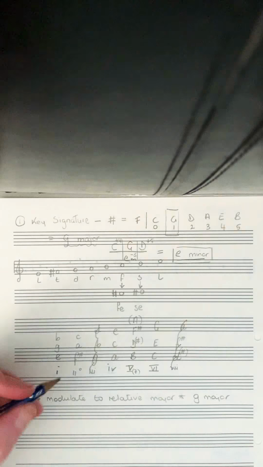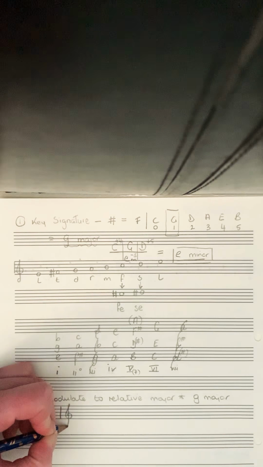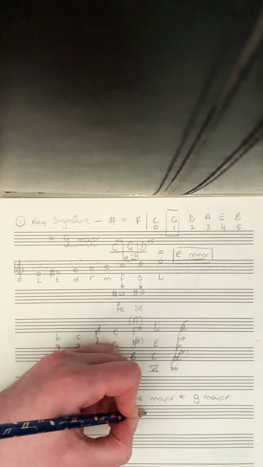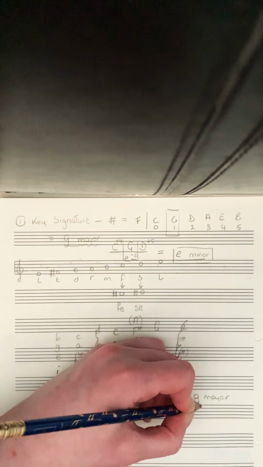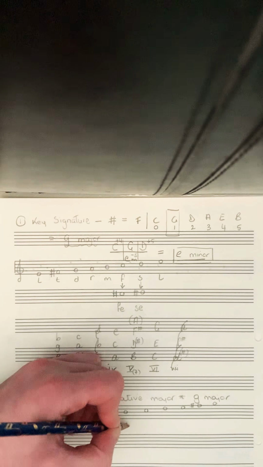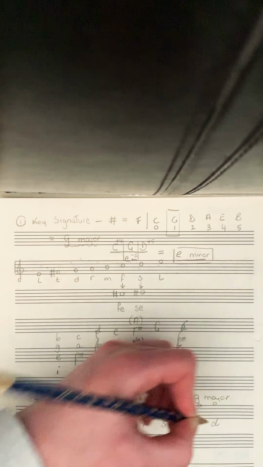The important things you have to put in are do and so. If you do out your scale, G, A, B, C, D, E, F sharp, and G. Do, re, mi, fa, so, la, ti, do.